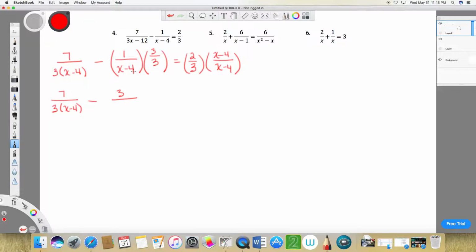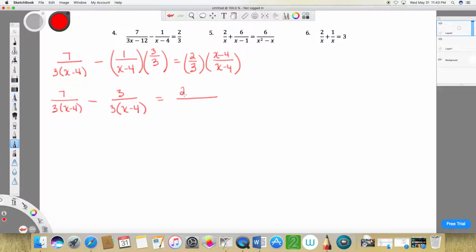And when you're multiplying fractions together, just multiply the numerators and denominators together. X minus 4 times 3, the order of multiplication, it's commutative. You can change the order of multiplication. So x minus 4 times 3 is the same thing as 3 times x minus 4.